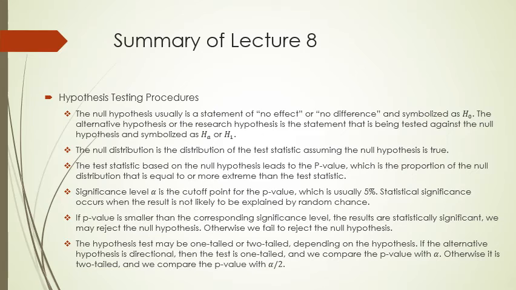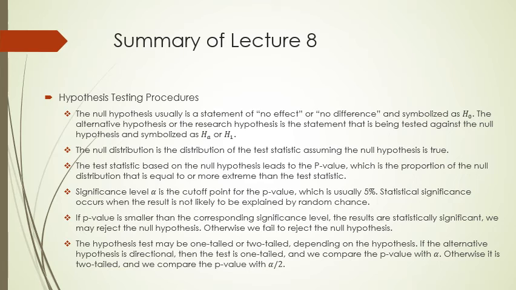The null distribution is a distribution of the test statistic, assuming the null hypothesis is true. The test statistic based on the null hypothesis leads to the p-value, which is the proportion of the null distribution that is equal to or more extreme than the test statistic.